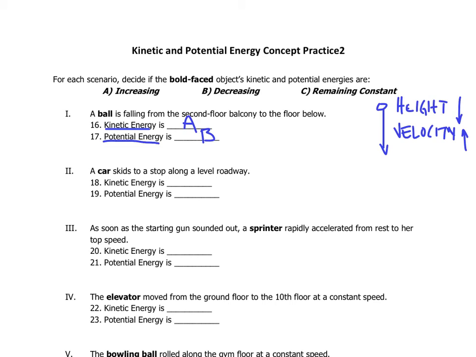Okay? When I look at Roman numeral 2, it says a car skids to a stop along a level roadway. So I want to know about the car's kinetic energy and the car's potential energy. So let's say this is the surface that the car is on. Here's my car, and the car is moving this way. So if the car is on a level roadway, that means that there's no change in height.